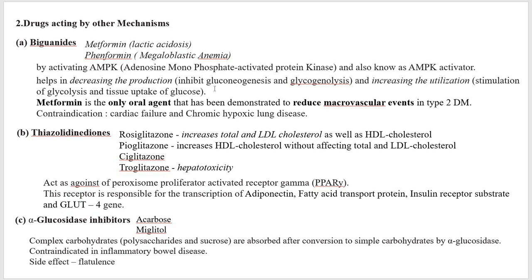Means what are these drugs doing, the AMPK channel, AMPK channel basically it is responsible to enhance gluconeogenesis, means glucose formation. Okay, so the AMPK channel is responsible for glucose formation, but these drugs are inhibiting this glucose formation channel, because already in our body glucose level is high, so to reduce that glucose level, these drugs inhibit this channel, and on the other hand they increase glycolysis, means breakdown of glucose.